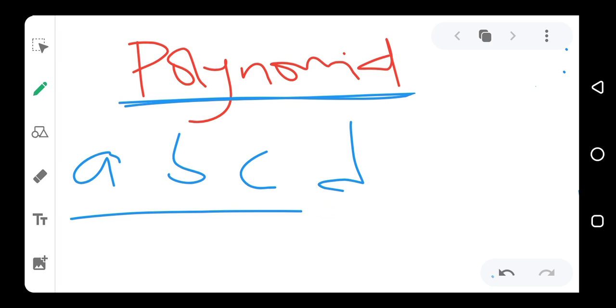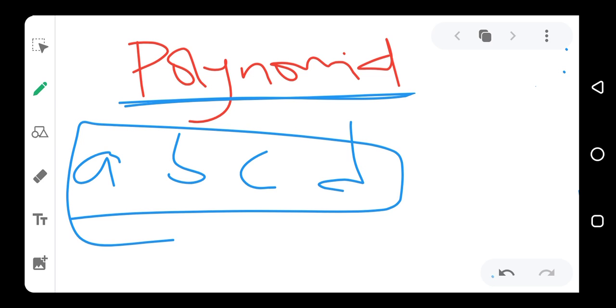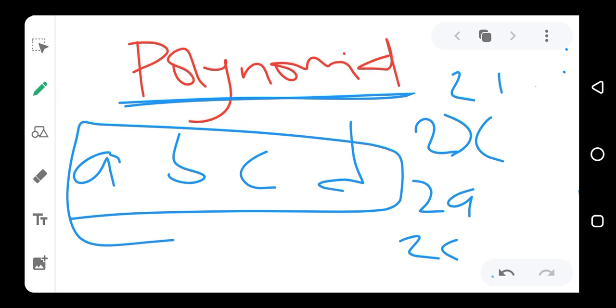So these are variables because they can change. If you have 2x, we can write it as 2a, 2c, 2d. Anything we like, you can use it to replace these alphabets. So the alphabets here are variables.